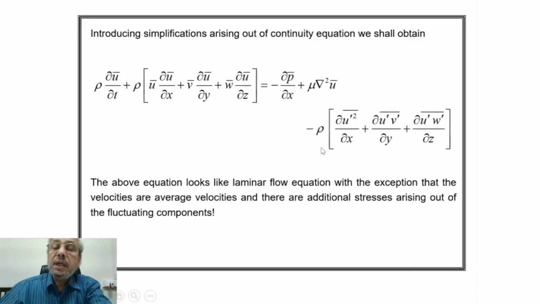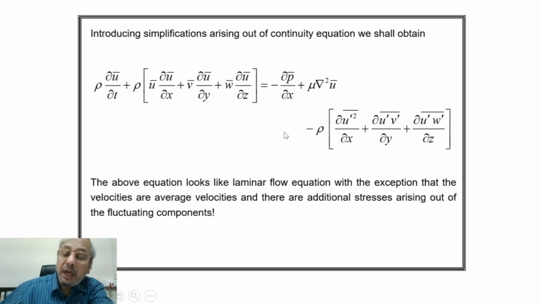Then we write minus rho del del x of u prime square bar, del del y of u prime v prime over bar, and del del z of u prime w prime over bar.